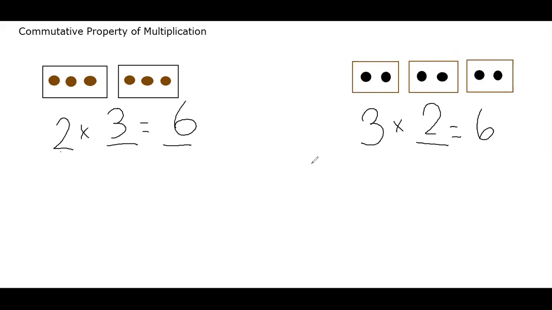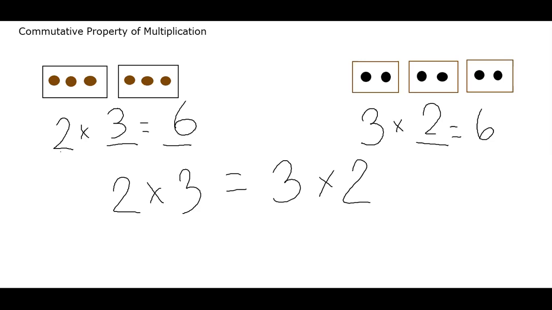But if 2 times 3 equals 6, I can think about that as being equal to 3 times 2. They're the same because 2 times 3 equals 6 and 3 times 2 equals 6 also. The only difference is your factors have switched orders.